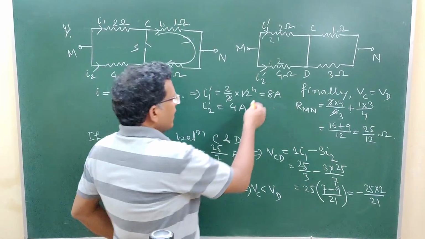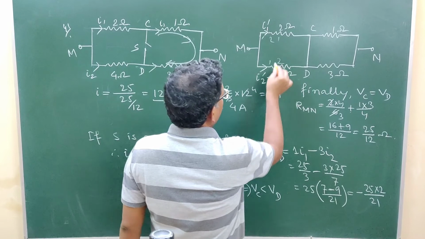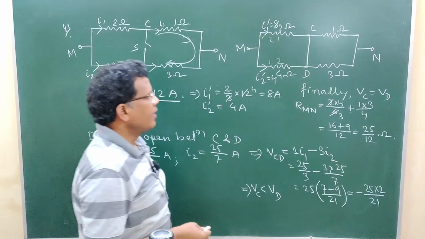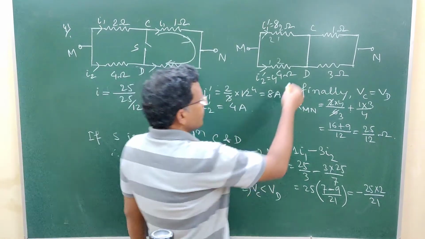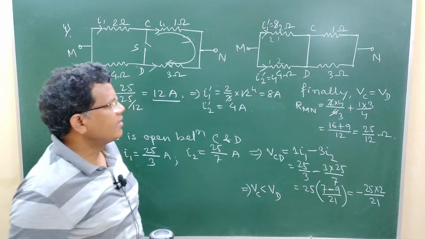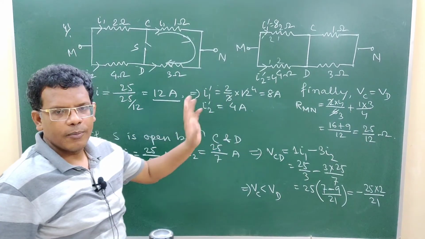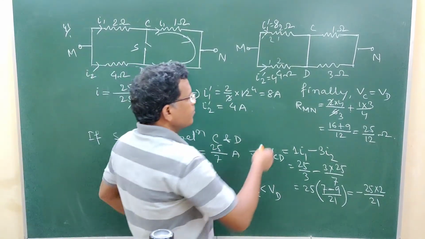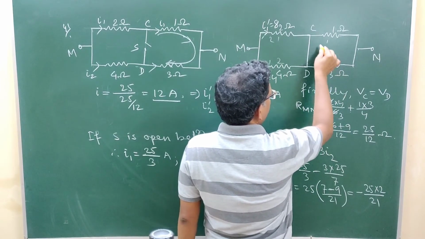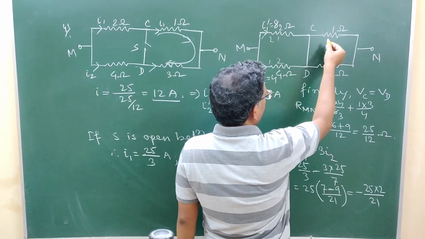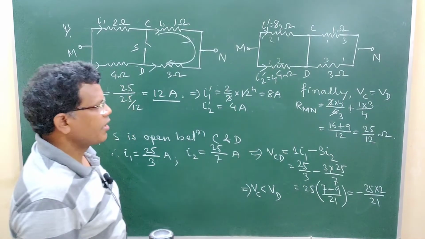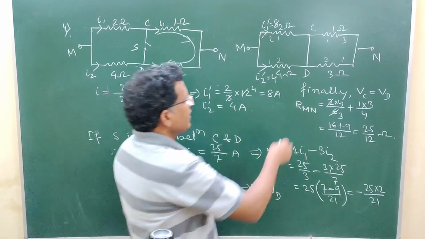Redistribution of current shows that if this is now 4 ampere, this is 8 ampere, and now going to this part, again between C and N or D and N, again the potential difference will be same, and now this time resistance ratio is 1:3. So current, that same 12 ampere current will now divide in the resistance ratio of 3:1.